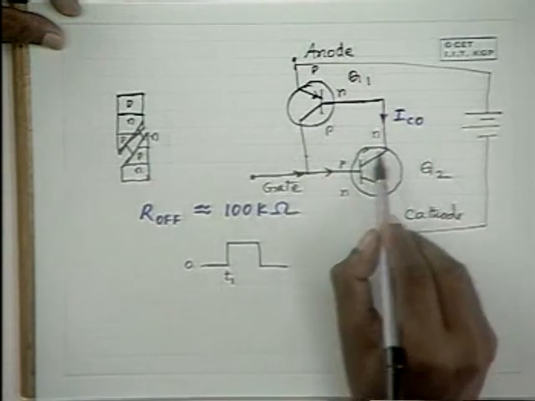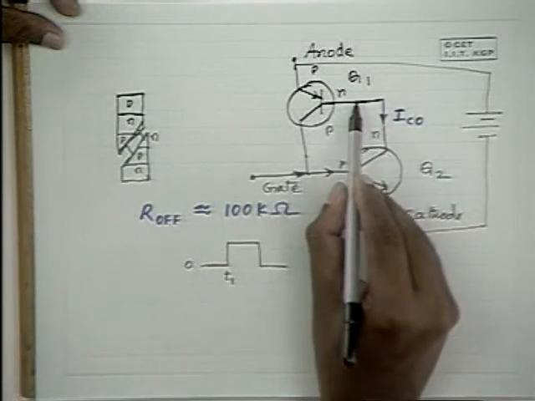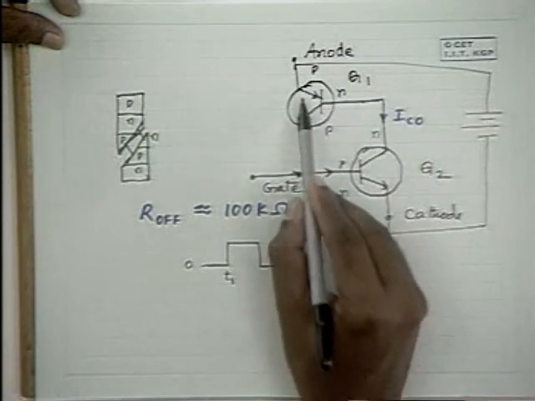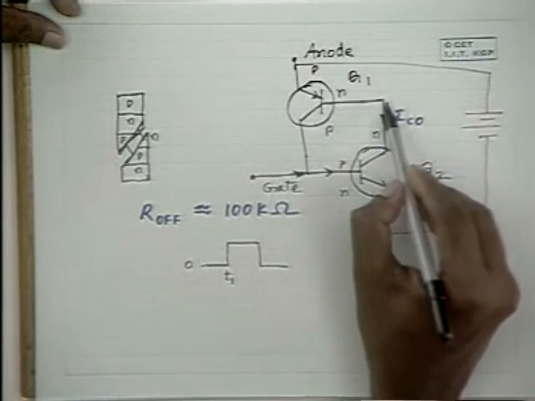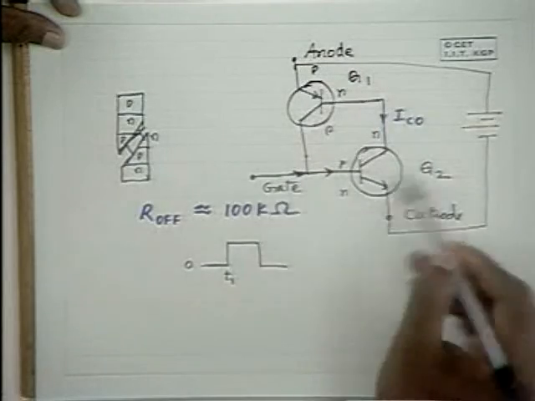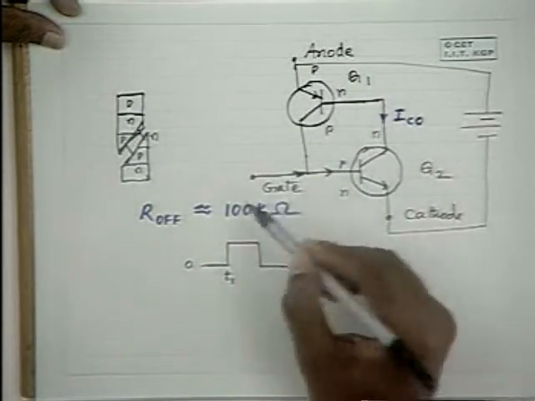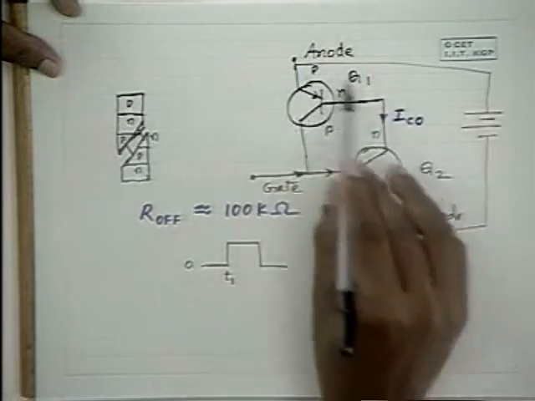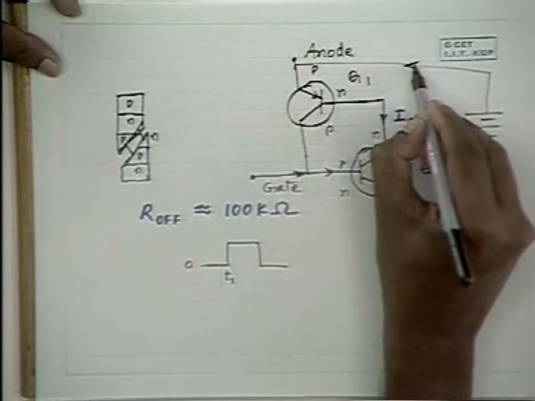In turn a large amount of collector current flows, and that is equal to the base current now, and again beta times that would be the collector current here, and again further beta times that flows through this, and this way the current regenerates itself, and very soon, within a very short time, a huge amount of current flows in this circuit.